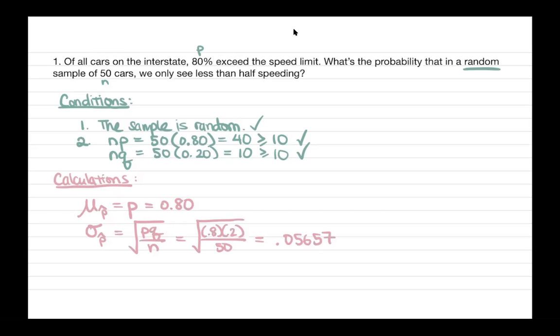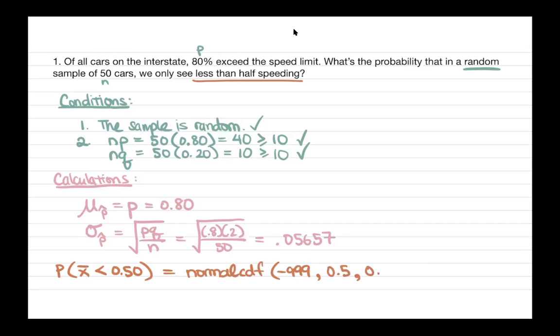All right. From there, I'm going to go ahead and answer the question, which is, what's the probability we see less than half speeding? So I'm trying to find the probability that my sample proportion is less than half, less than 50%. I'm going to use normal CDF from negative 999 up to 0.5 with a mean of 0.8, standard deviation of 0.05657.